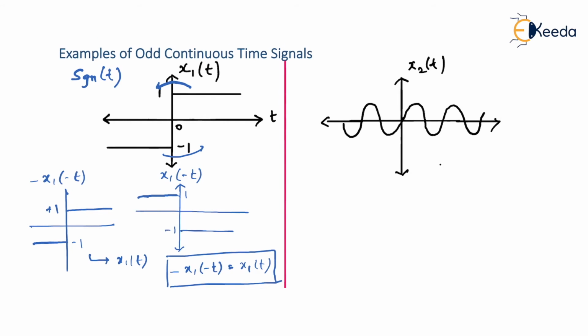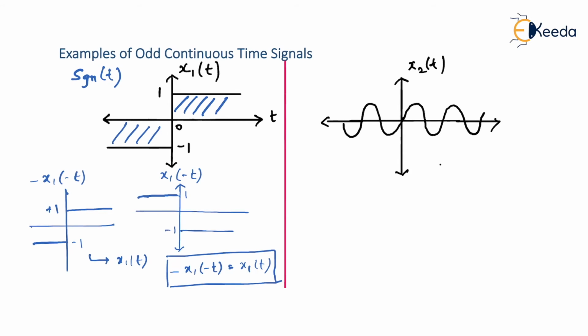But again, now I'll teach you by observation only how to tell whether it is an even signal or an odd signal. See, by observation you should understand whether it is an odd signal or not. Whatever is present at the right hand side, on the left hand side exactly minus of it is present. I mean, at the right hand side if plus 1 is present, then on the left hand side -1 would be present, and vice versa.